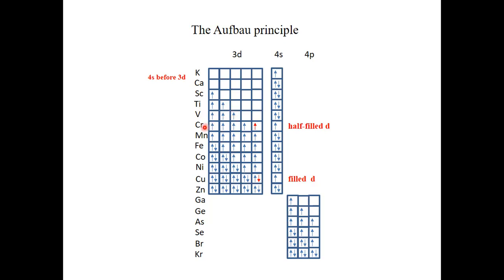As we go from vanadium to chromium, however, we see an exception, which we again can explain by the interaction of the magnetic fields associated with the spin of the electron. So instead of an electron configuration 4s2 3d4, we're actually getting an electron configuration 4s1 3d5.